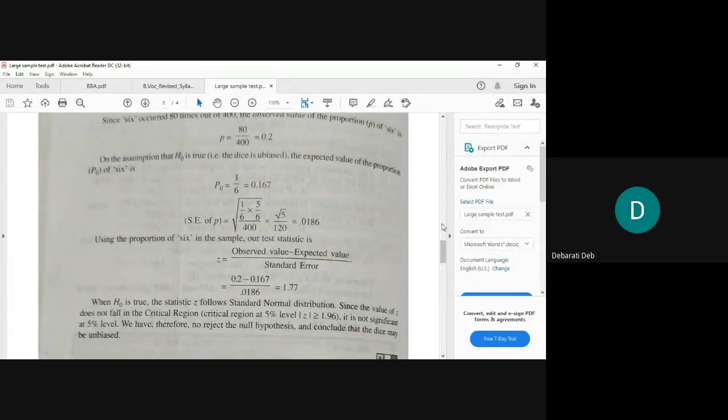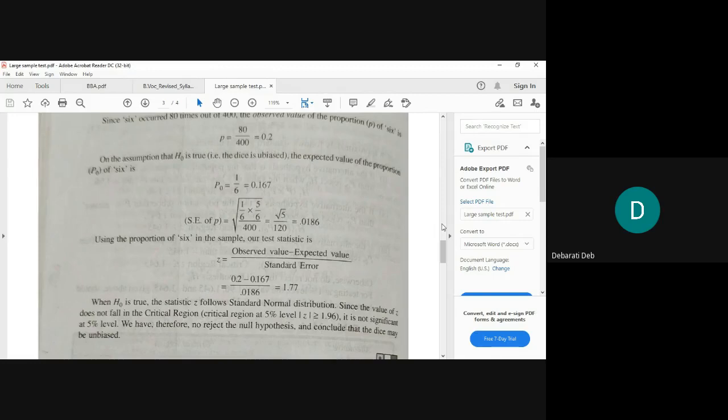When you calculate Q, you have to calculate it by deducting the value of P from 1, because 1 is the total probability and P is the probability which you have assumed. So the rest of the probability is your Q. That is why we can write somewhere small q equals to 1 minus P. So that is how we are getting the numerator as 1 by 6, the value of P, into 5 by 6, the value of Q, that is 1 minus P.